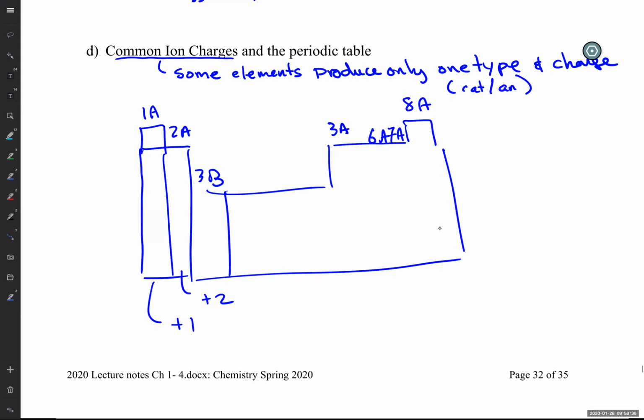Now, group 3B, okay? Group 3B is right here. And really, these are the 2 elements that we're concerned about. Now, your book doesn't include this one, but it does include this one. If you're talking about ions that are common, like if you were to pull it out of the ground kind of common, what do you think the charge would be?